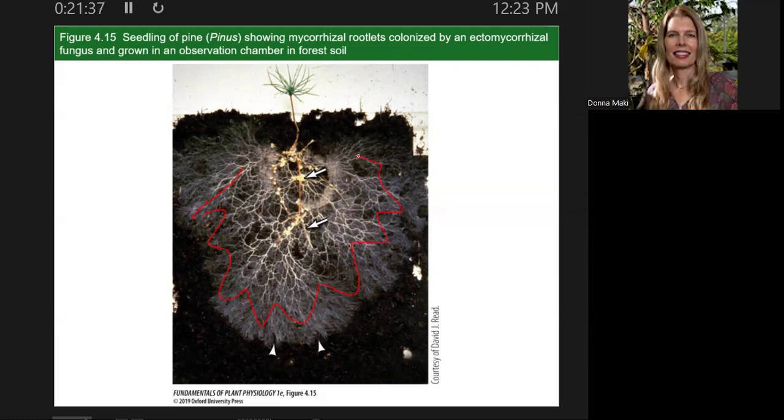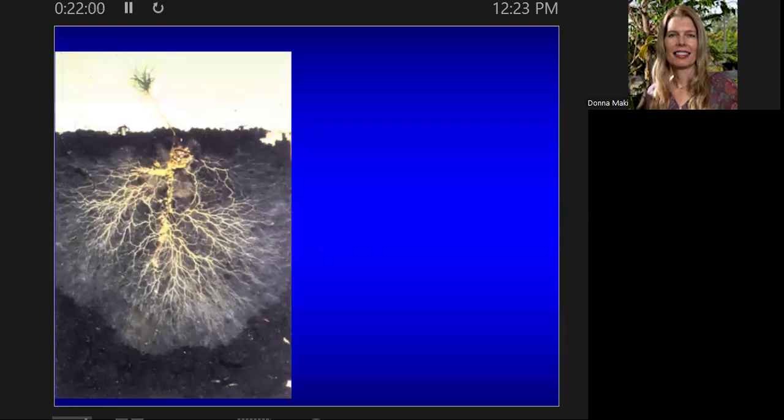So again, a really nice visual showing how the fungal hyphae extend off the root into the soil, really extending the root system substantially. And with that finer diameter, it's so nice for the plant because now it has access to things it would never have access to because its roots are too big in diameter for some of that. Here's another nice image.